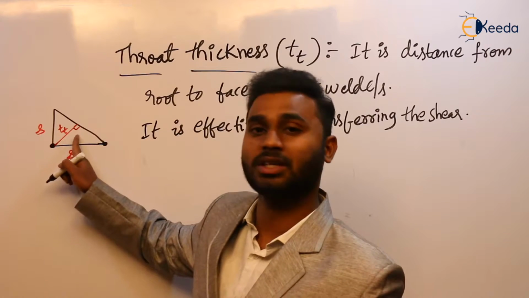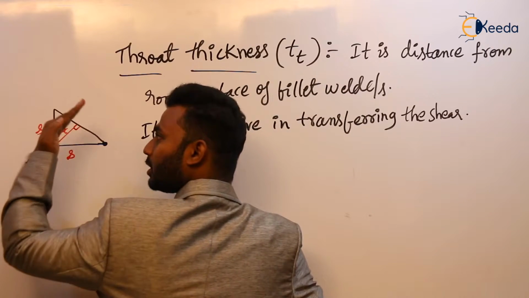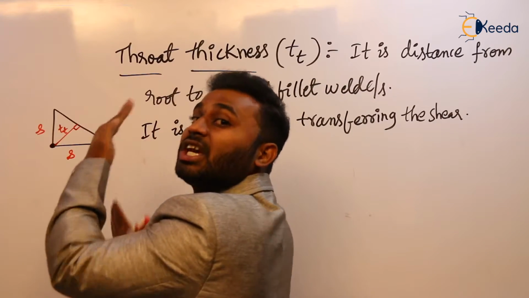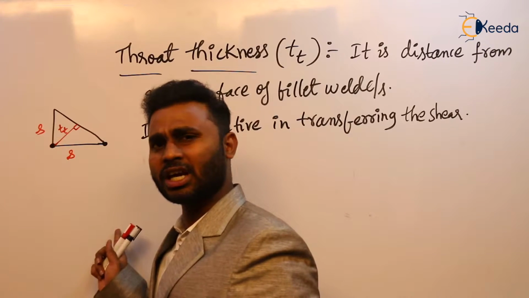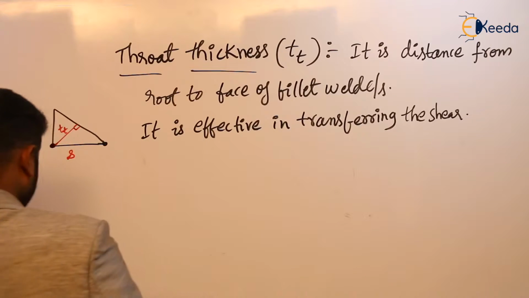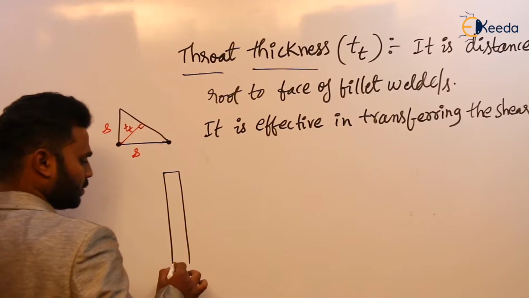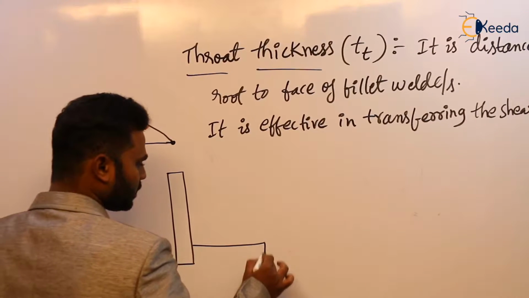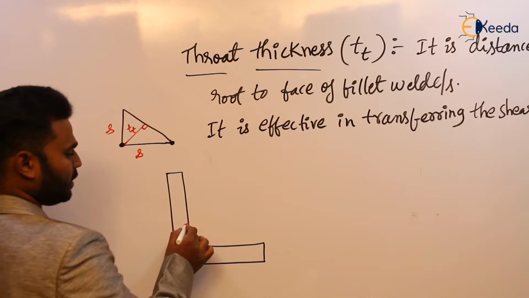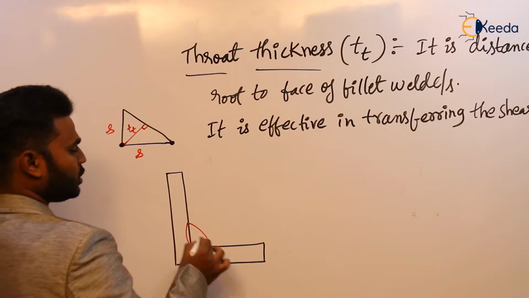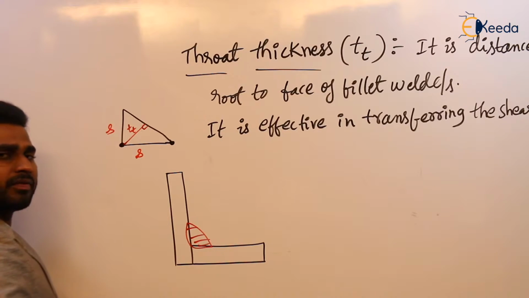Through this cross section, the plane is like this, perpendicular to the board. Along this plane, the shear will transfer. You can observe this practically also. For example, take two members. This is one member, and it is connected to this member with a fillet weld. Assume that this weld has failed because of load.